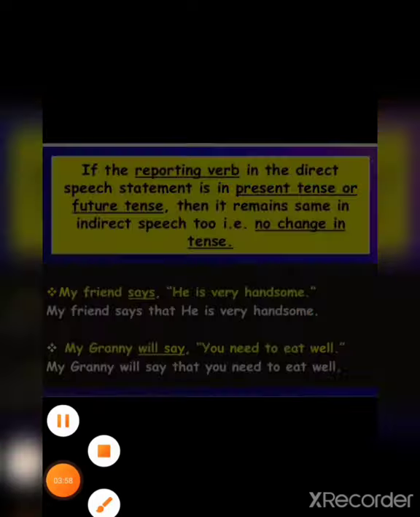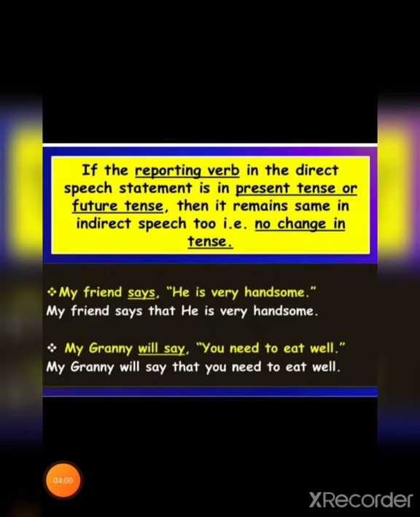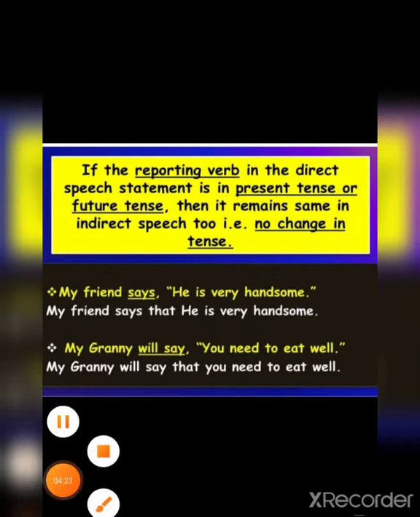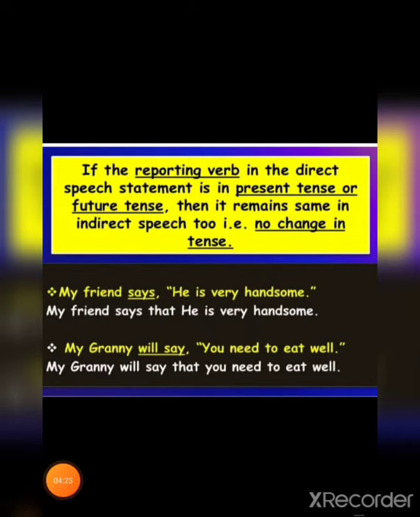Okay, after that, what have we already learned? We have learned about identifying the reporting verb. So after getting a sentence, you will first identify whether the sentence is written in direct speech or indirect speech. And after that, you will first look for the reporting verb.